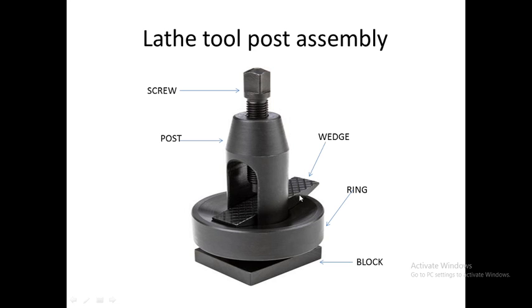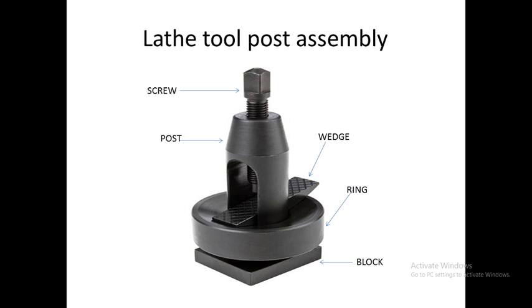So if we move this wedge inside the ring, what will happen, this will not be flat now, it will be at some orientation because this groove is spherical. So in order to move the wedge at a particular angle, a spherical groove is provided. And finally the tool which is resting on this wedge will also be inclined at some angle.